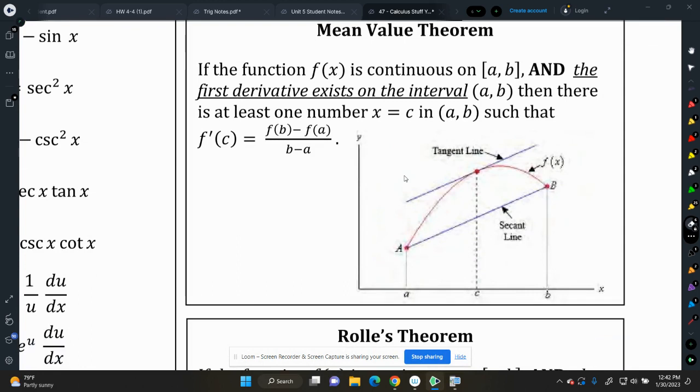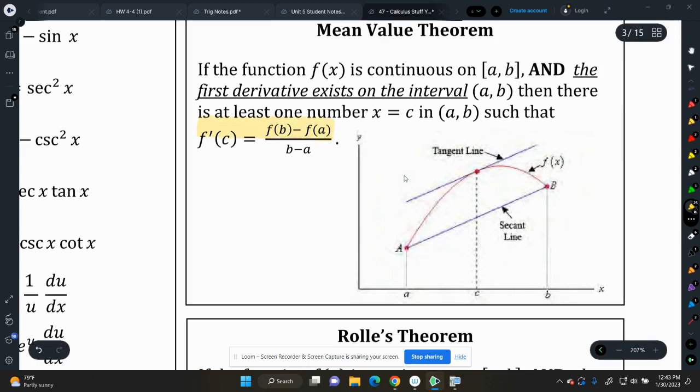The mean value theorem basically says, this is really an easy one, if f of x is continuous and the first derivative exists, then there is at least one number on that open interval such that this is true.